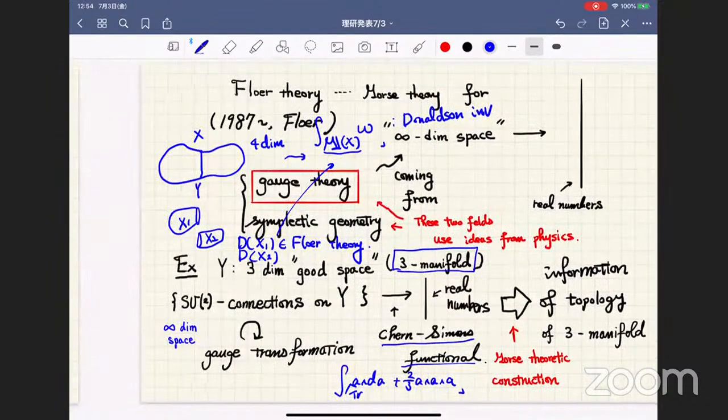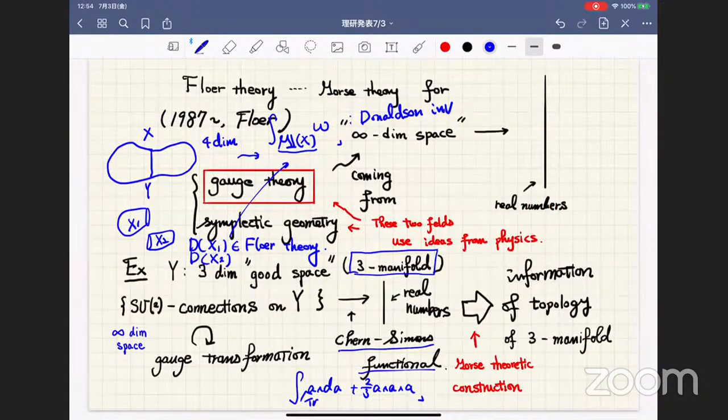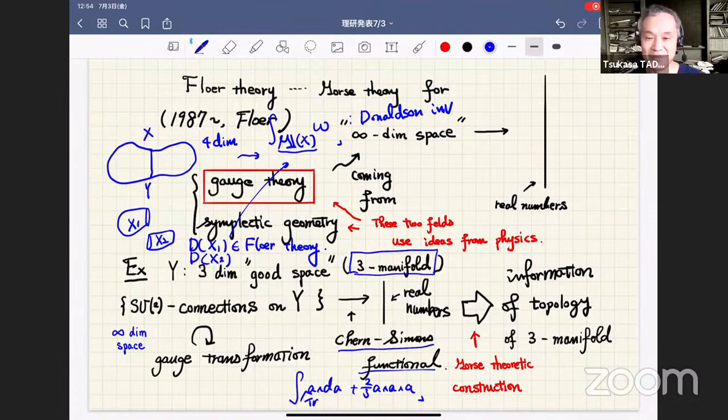What you can prove in 5-dimensional theory can be generalized relatively easily to arbitrary dimensions greater than or equal to 6. Maybe Masaki could explain the difference between less than or equal to 4 and greater than or equal to 5. So that's the borderline.